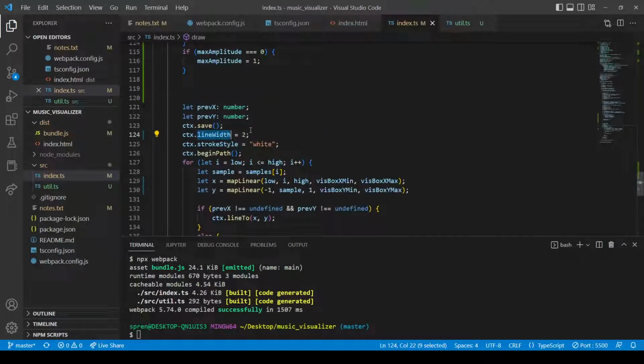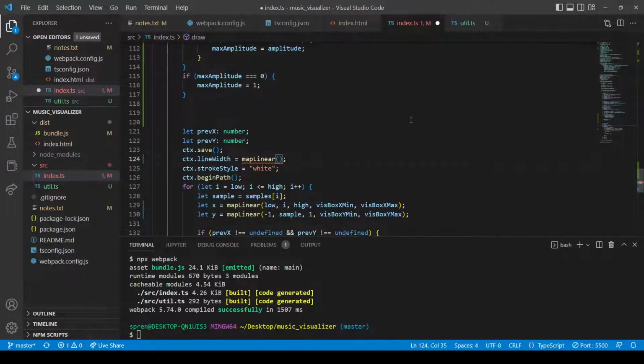Line width. Another map linear. Why not? Max amplitude could be between 0 and 1.